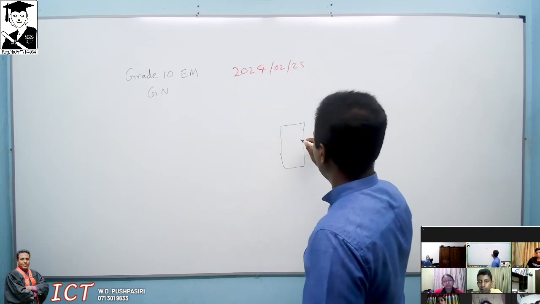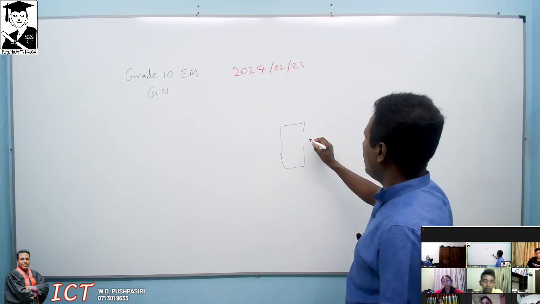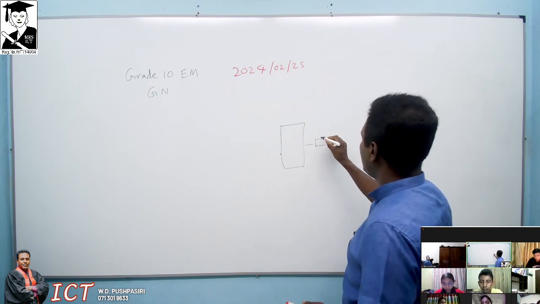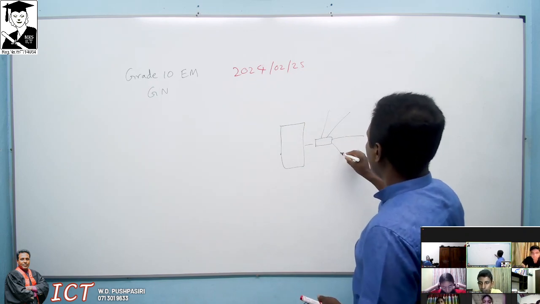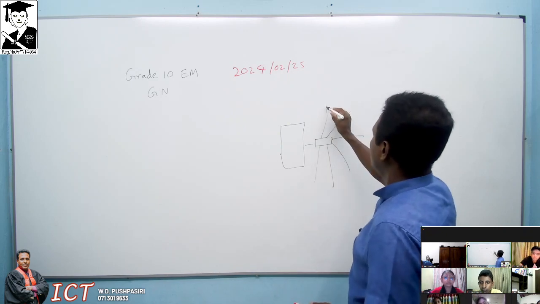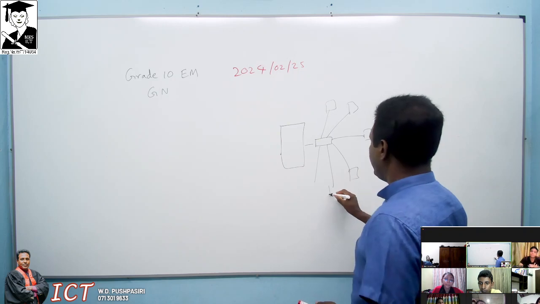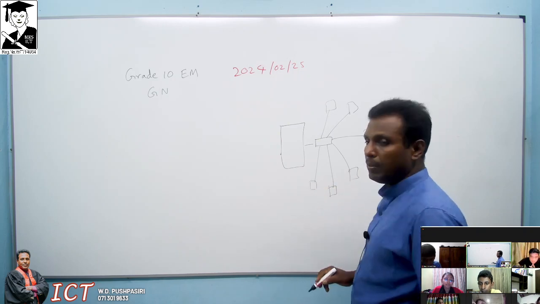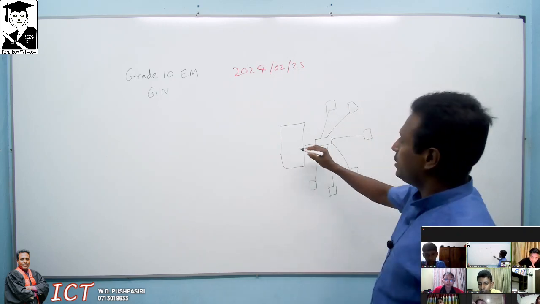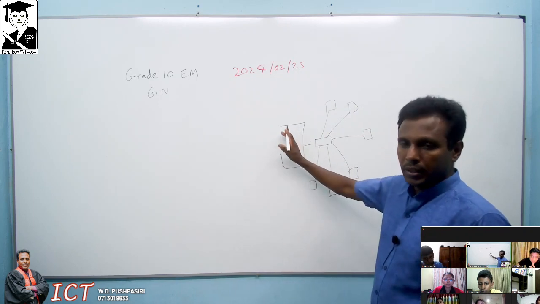It's a computer and it is connected to many monitors, right? There are many monitors. Here you get the terminals, we call them terminals, right? So these are the terminals. This is the mainframe computer, right?